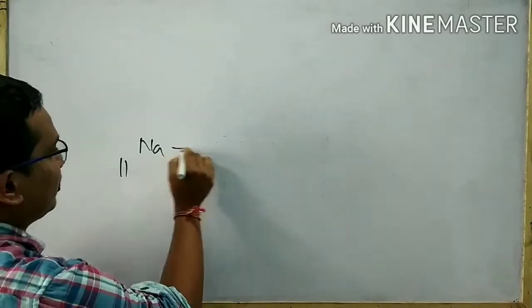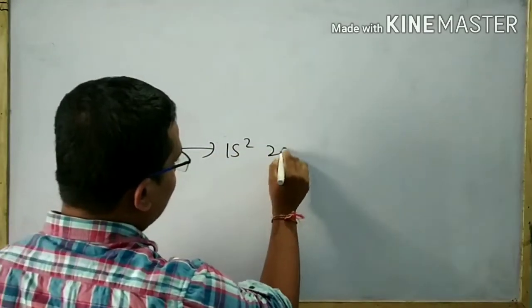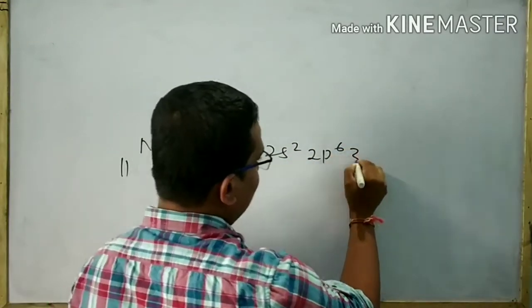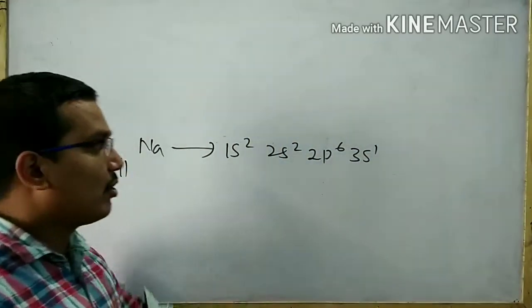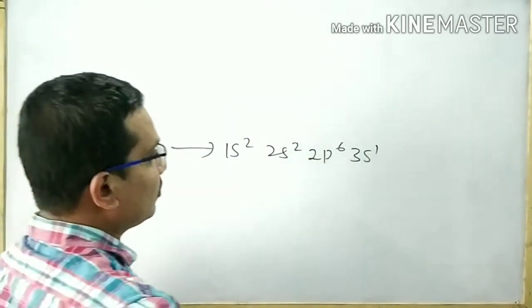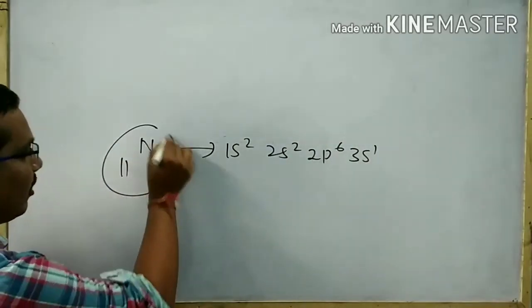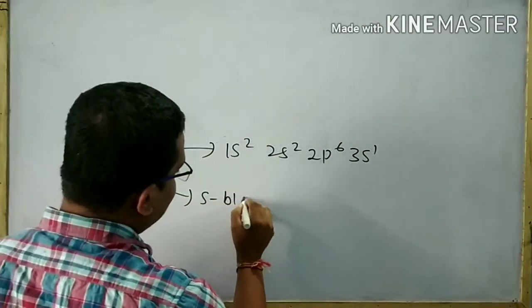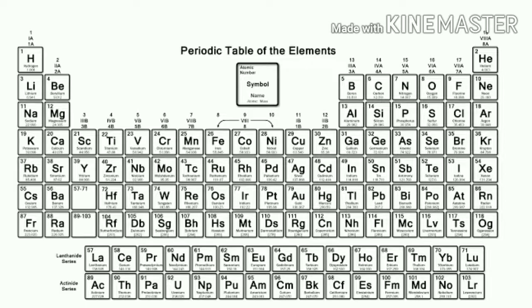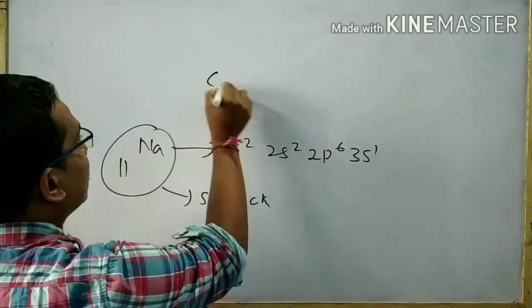The electronic configuration of sodium is 1s2, 2s2, 2p6, 3s1. Since the last electron of sodium belongs to the s orbital of the valency shell, the sodium atom belongs to the S block element. Look at the modern periodic table. Here the sodium atom is present in the S block.